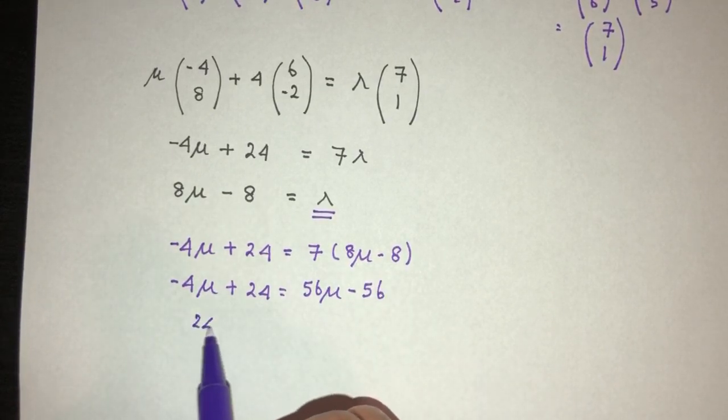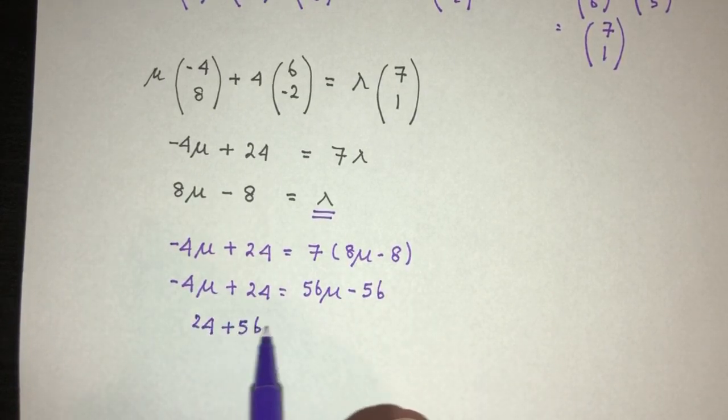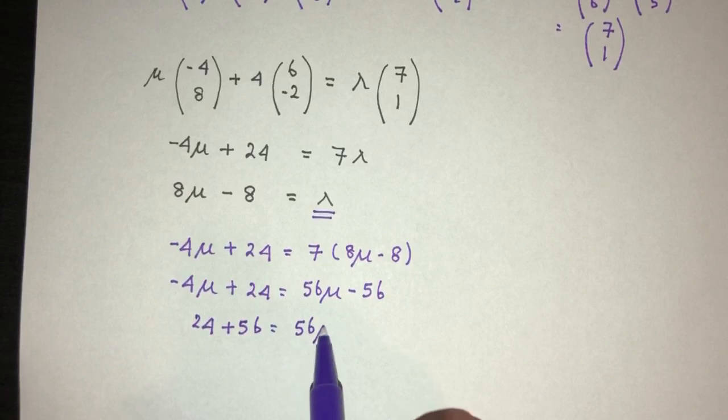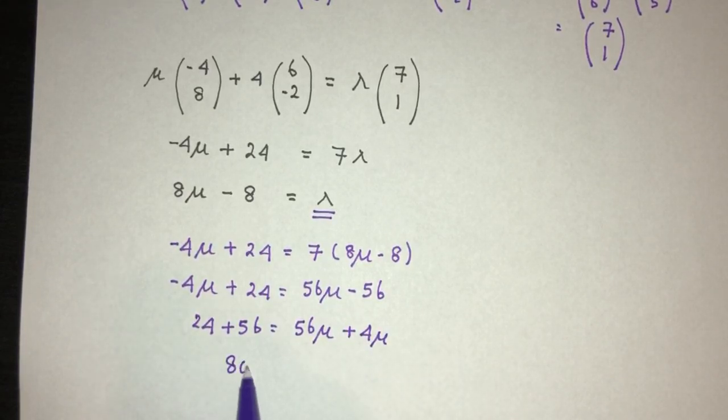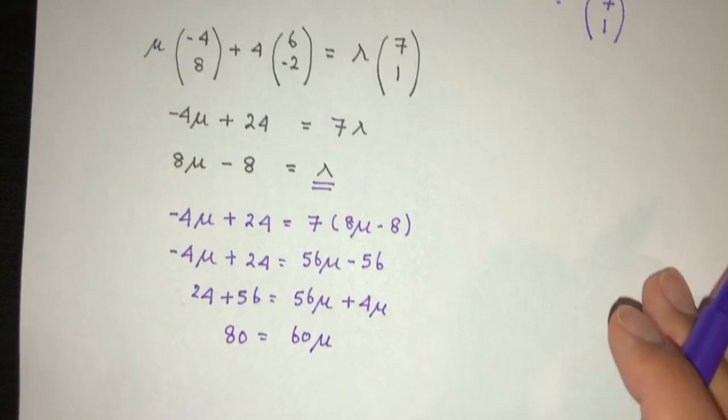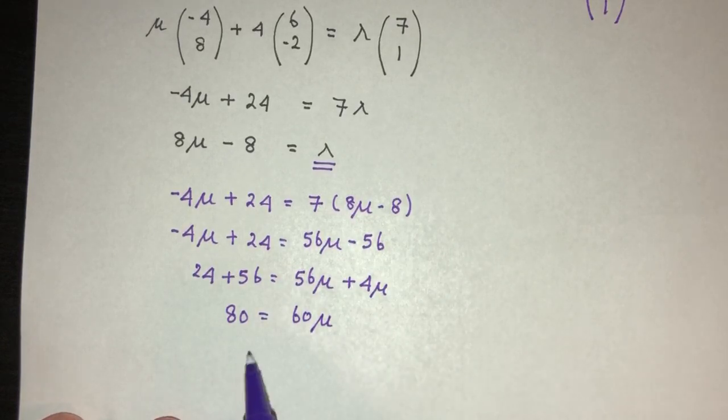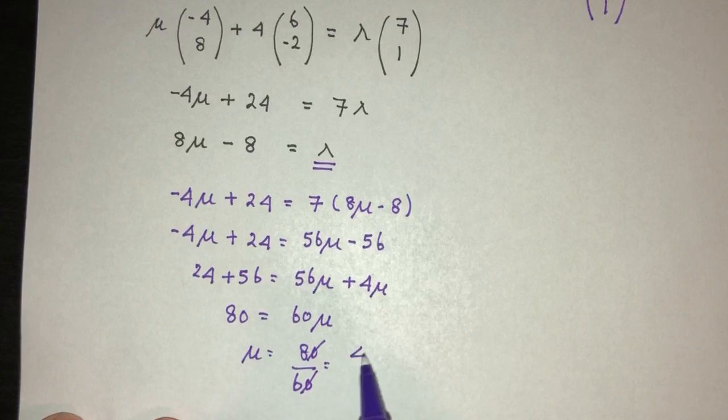So 24 plus 56 is equal to 56 mu plus 4 mu. That will be 80 equal to 60 mu. So finally, the value of mu will be 80 divided by 60. 0, 0 goes away. That will be 4 over 3. That is your value of mu.